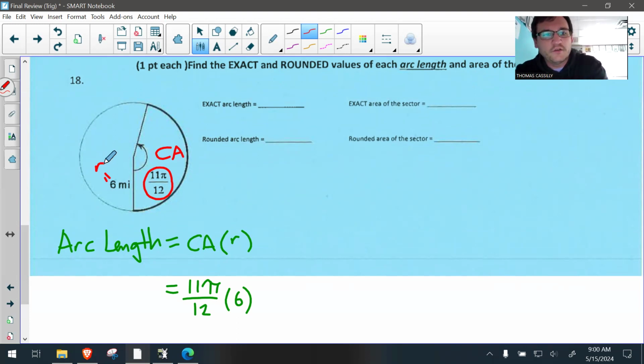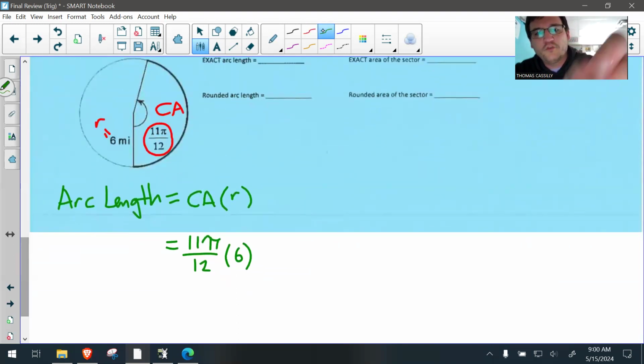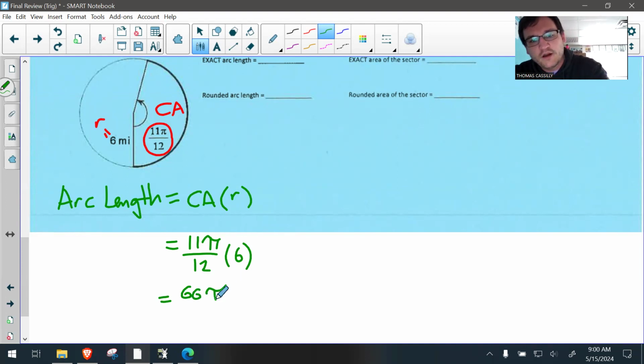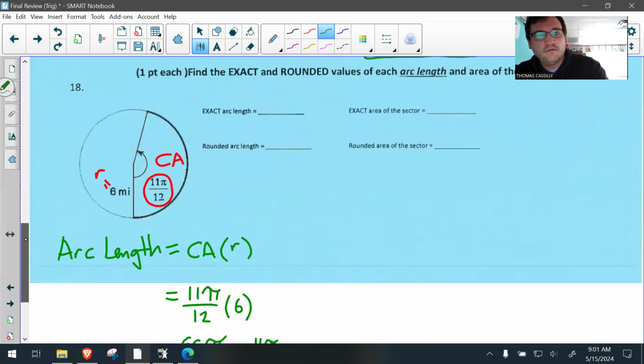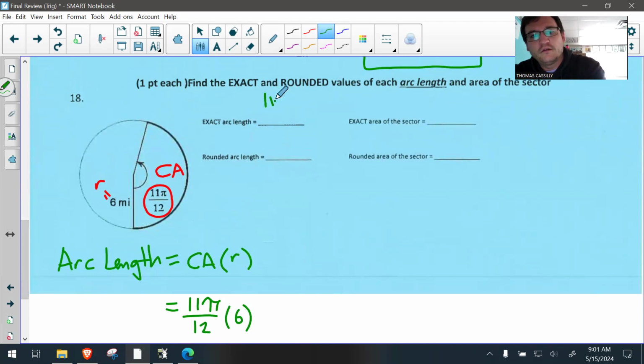Just multiply those two together. 11 times 6, you're going to have 66 pi over 12, which of course does reduce down. You can divide them both by 6, so it's going to give you 11 pi over 2. Right, that is the exact value here, 11 pi over 2.